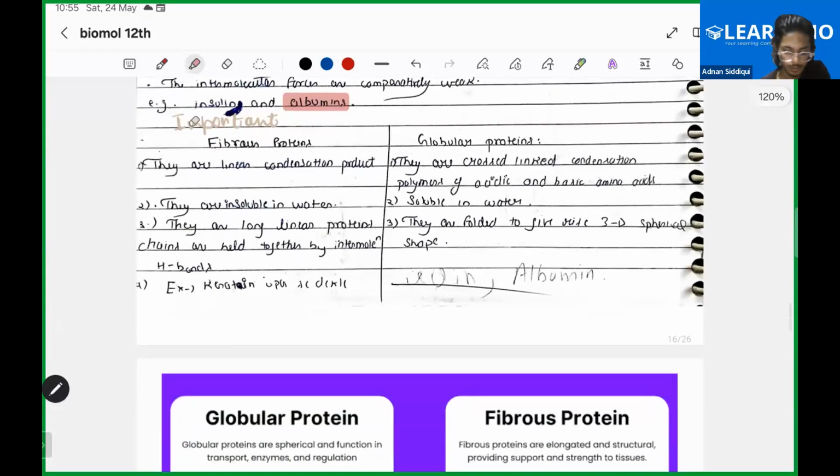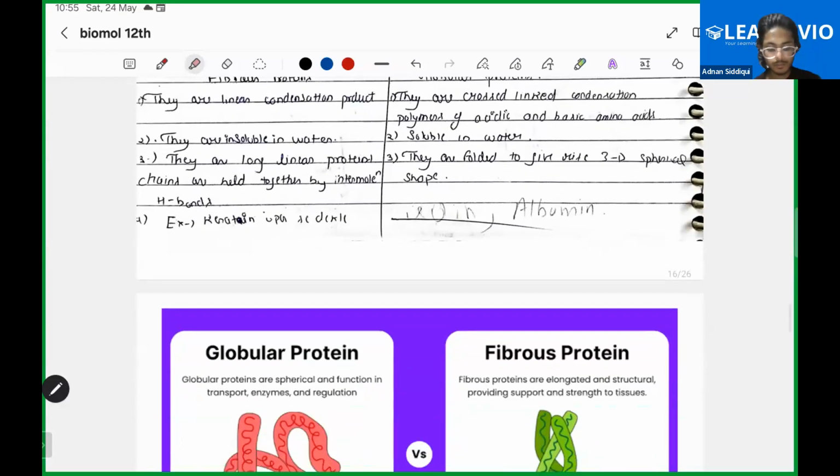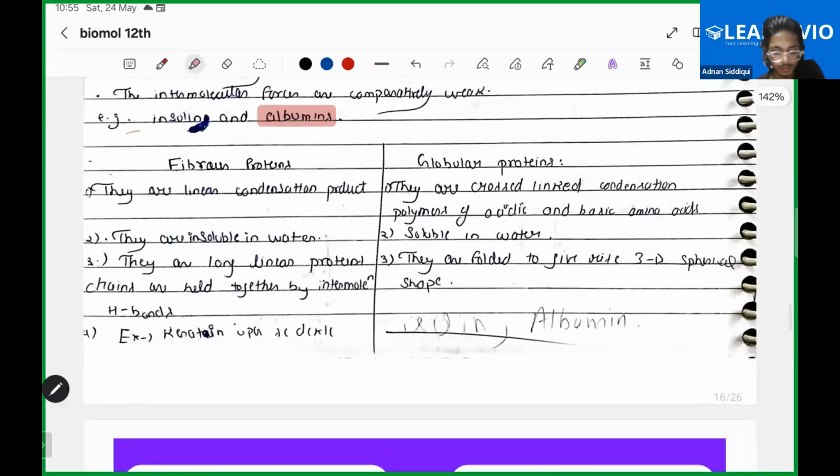Again, if they ask you the difference between them, you can say fibrous proteins are linear condensation products. They run linearly and parallel to each other, without coiling or bending. They are cross-linked polymers of amino acids, and they are insoluble.